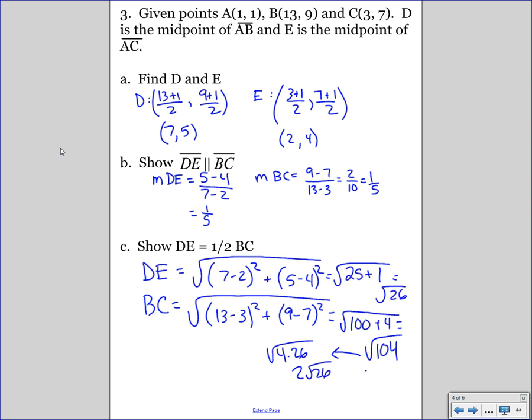I want to take a minute just to show you guys what we've proven here. I'm going to draw a quick axes. They're all positive, so I'm going to draw just that quadrant. First quadrant. Okay, so this is point B. That's point A. Point C is 3, 7.